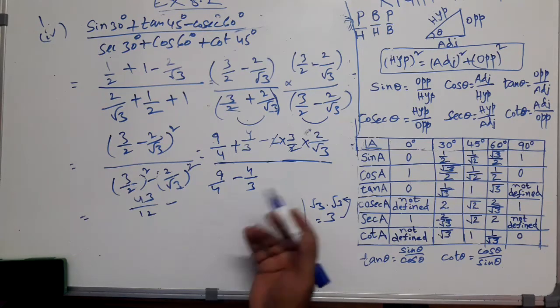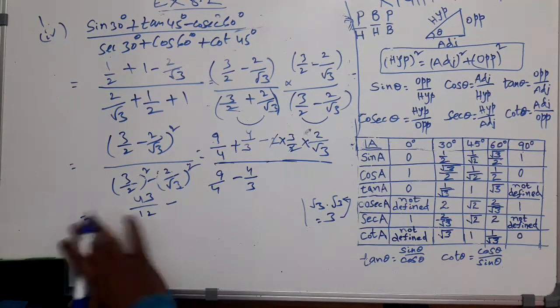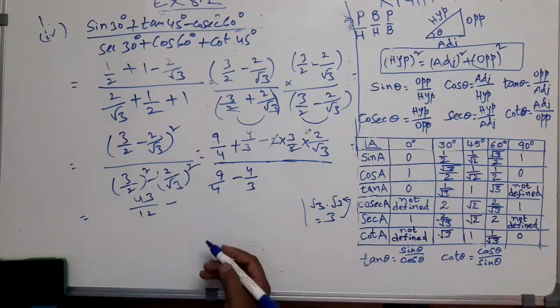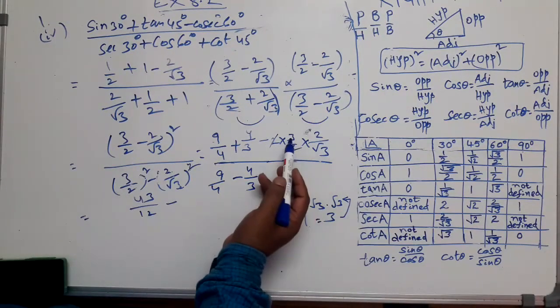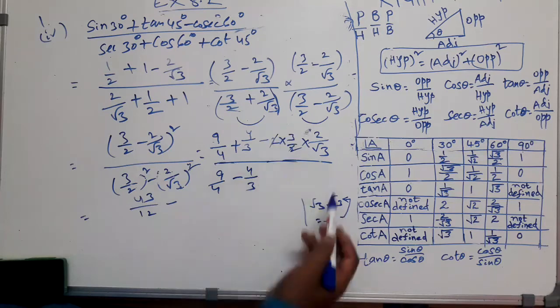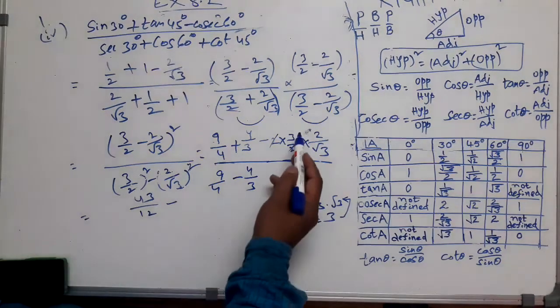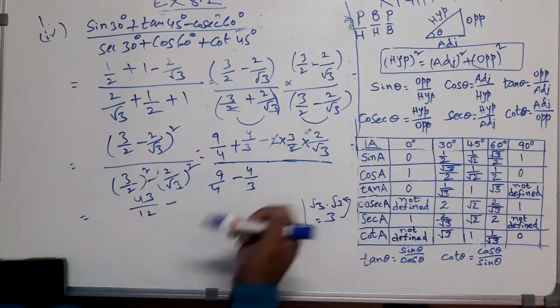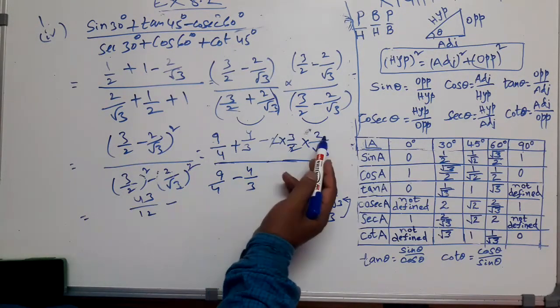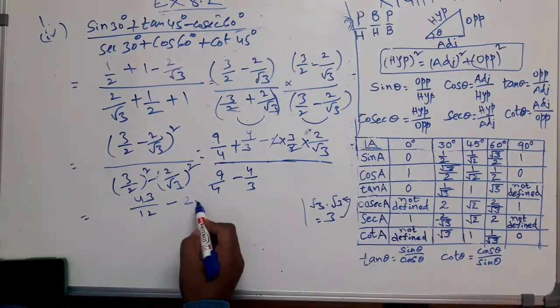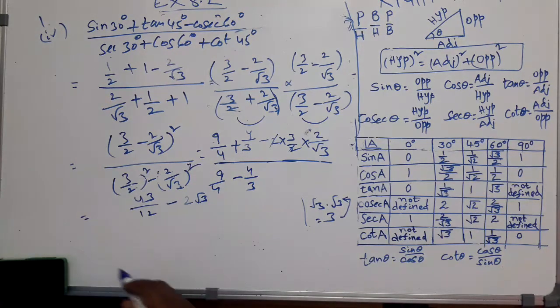See here in this case, because I have root 3 in the denominator, now I am looking at 3 as root 3 multiplied by root 3. So can I cancel one root 3 here? Yes. So what will be remaining? Root 3 here. Root 3 multiplied by 2, that will be 2 multiplied by root 3.